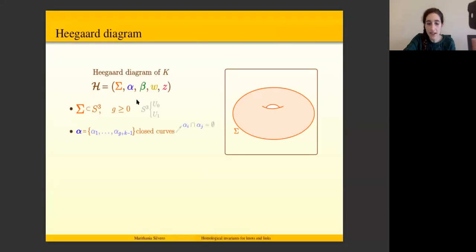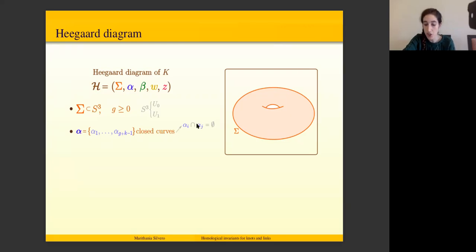Now alpha is going to be a family of G plus K minus 1 closed curves. G is the genus of this surface, so it's fixed, and K is a number that I choose. I can choose any K that I want. So I have this family of closed curves.